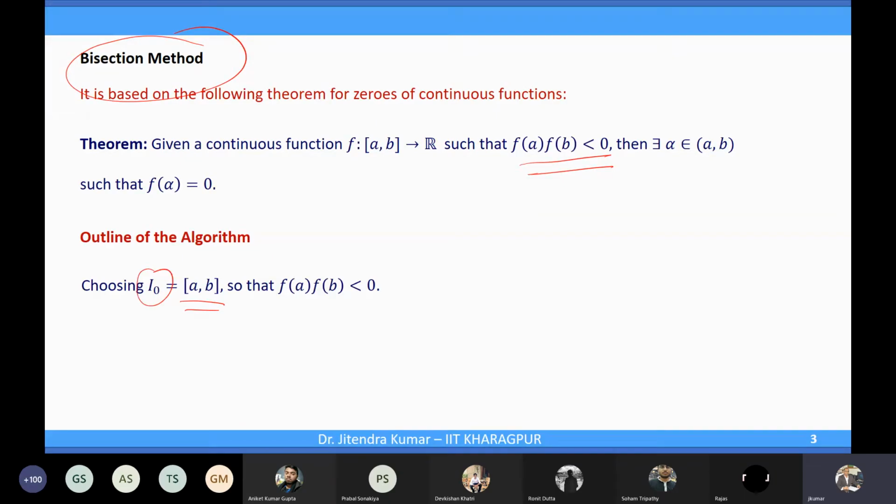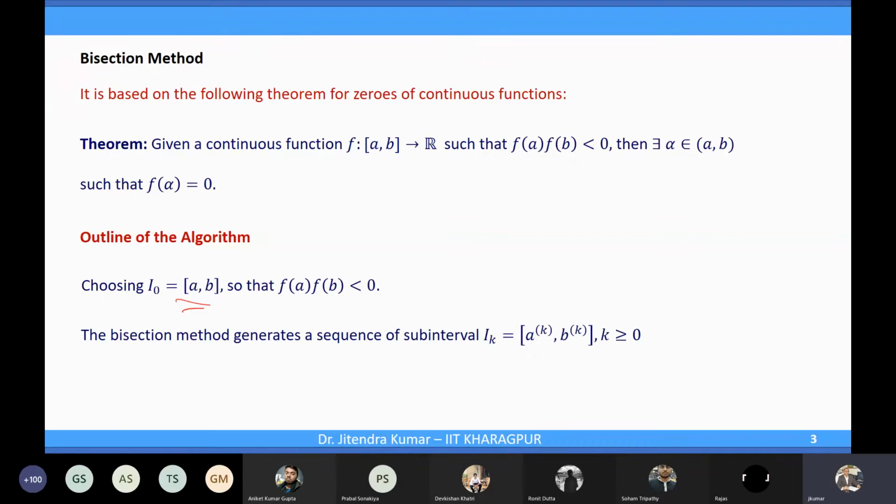One of the roots of this equation will be in this interval a to b, because f(a) times f(b) is less than 0. We are sure that there is at least one root. So we go with that interval, and then we bisect it. The bisection method will generate a sequence of intervals.